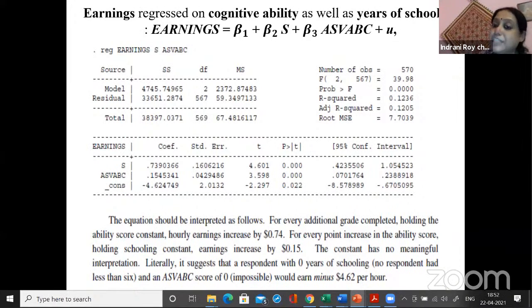That is not required. The trick is that you look at this probability greater than F, and ideally it should be less than 5%. If it is more than 5%, then the overall significance of the model is not good. Here you see that this is 0, which means it is highly significant.